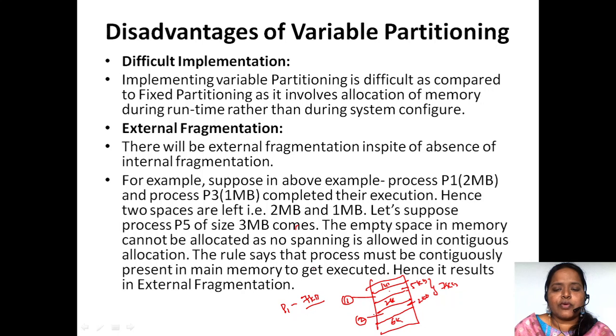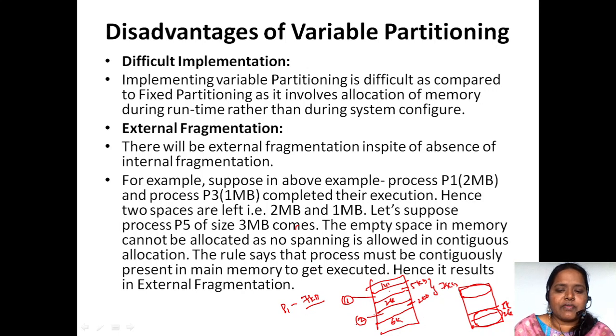What we are going to do is compact all those spaces. Compacting means we keep that 5 KB and 2 KB either at the ending or at the starting. We group all those spaces and keep them at the end or at the top, so that they can be used by another process.